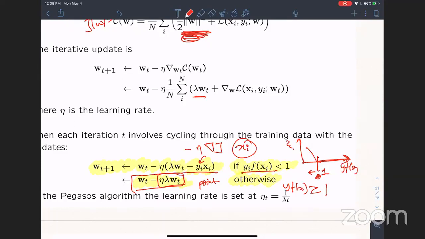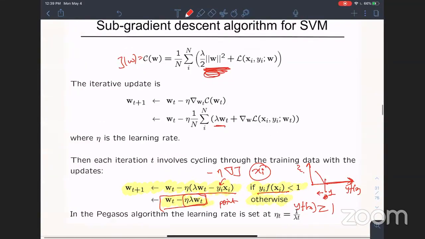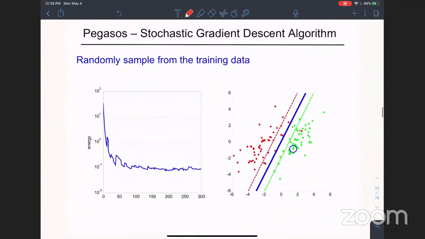So your entire readjustment of W, where W is the normal to the plane, or the hyperplane, is now getting fine-tuned by all these points which are trying to interfere and come into the margin or misclassify. So that's what it is.